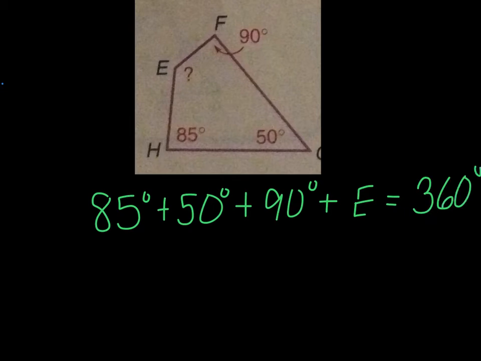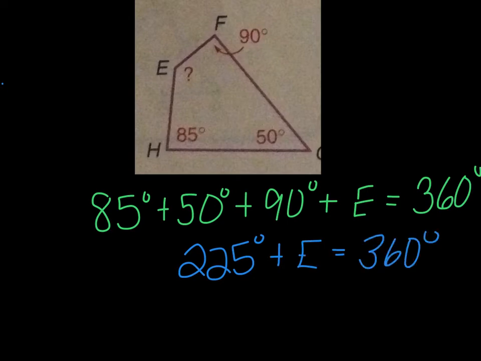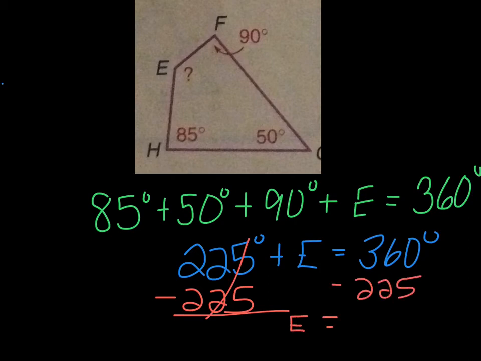When we add up 85 plus 50 plus 90, we get 225 degrees, plus E equals 360 degrees. Then we subtract 225 from both sides, so E equals 135 degrees.